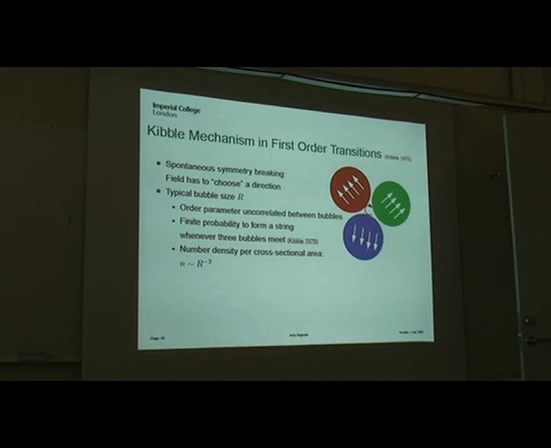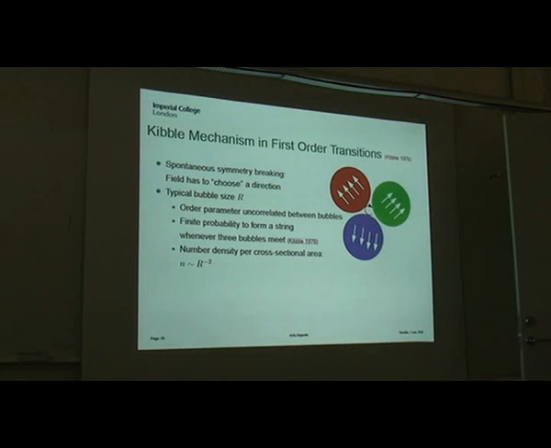You have this vacuum manifold, and all of the points in the vacuum manifold are just as good vacuum states, but each bubble has to be in one vacuum. So you can have bubbles, as in here, and different colors corresponding to different vacuum states. The bubbles then grow, and eventually they collide with each other, merge, and the whole system eventually goes into the broken phase.